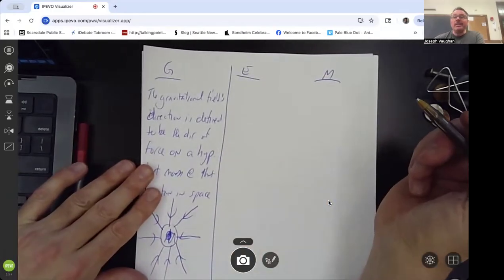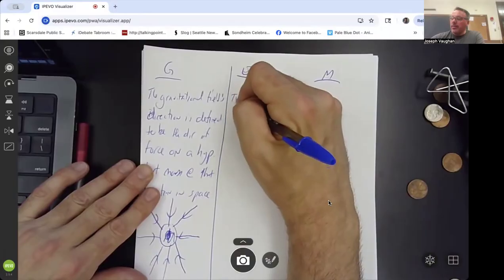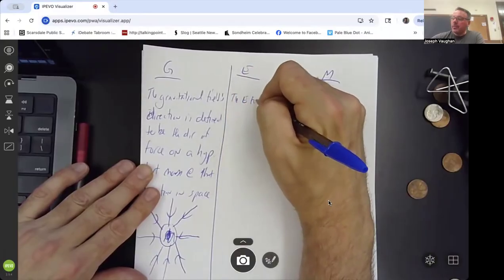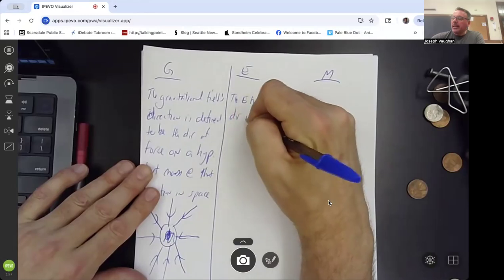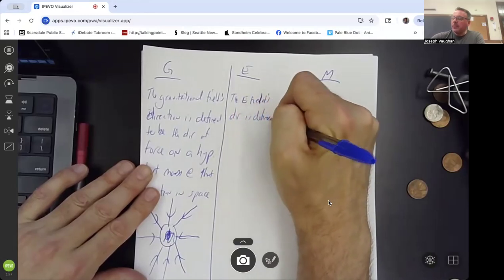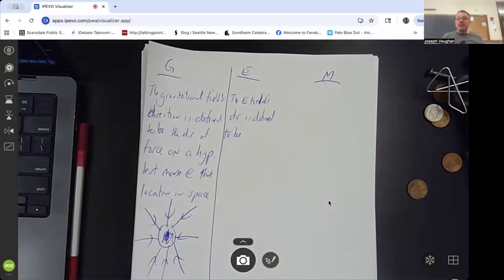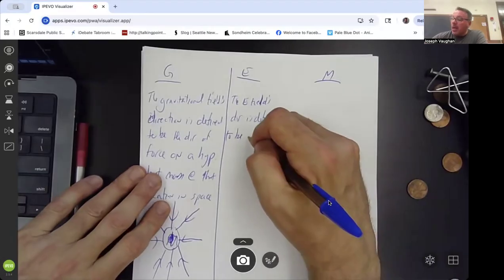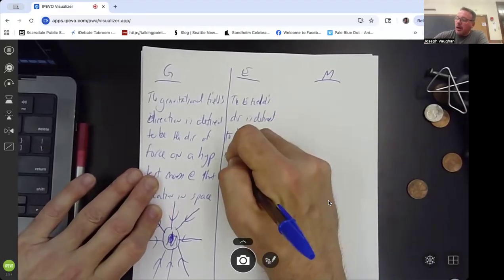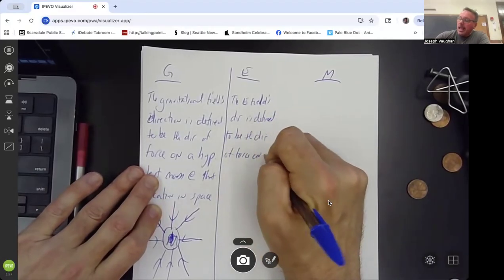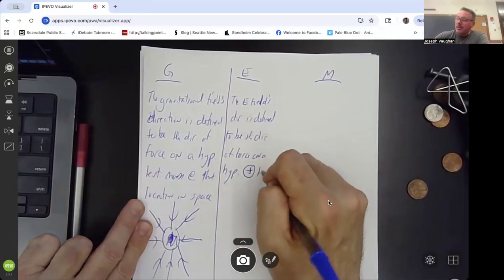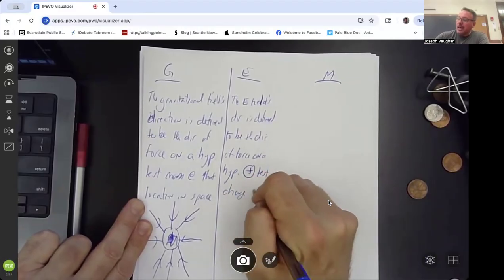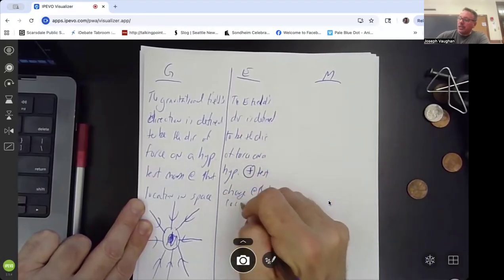So how did we define the electric field? So the electric field is defined to be, now here we have to be a little bit more specific because we had two flavors of things that were interacting. The direction of force on a hypothetical positive test charge at that location.